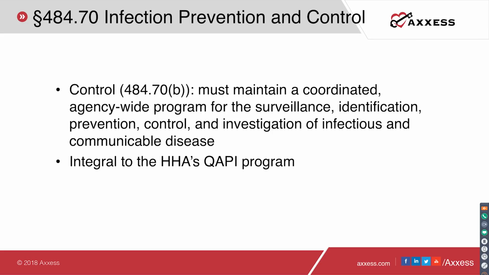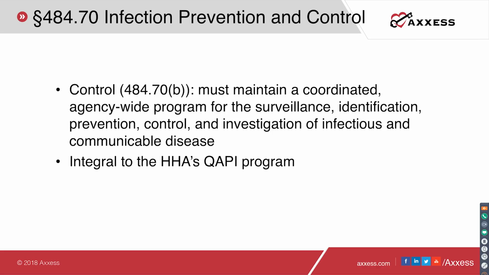When they identify an infection, there's a button they can click on and fill that out immediately while it's fresh on their mind, rather than putting that off for a later date and then forgetting it, right? And then, of course, you have reports in our system so that you can run those infection reports and get the information you need to investigate and use this in your QAPI program.